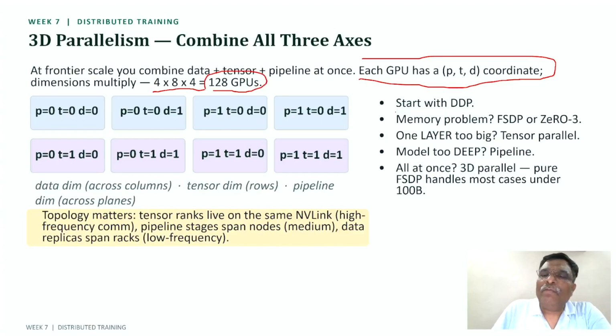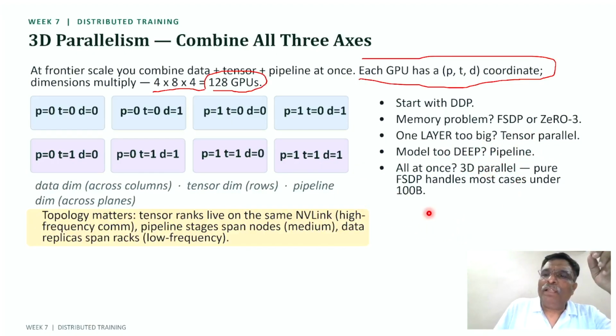So we can start with something like DDP, that means distributed data parallelism. We will have the memory problem, so we solve it using FSDP or ZeRO, as I told you. If there is one big layer, we can use tensor parallelism. If the model is too deep, we will use pipeline parallelism.